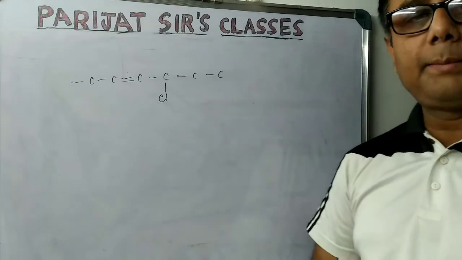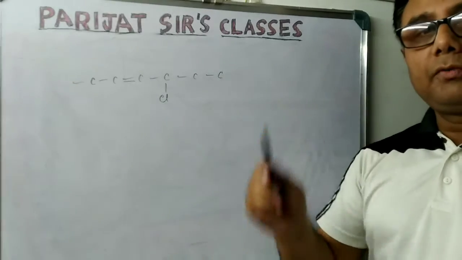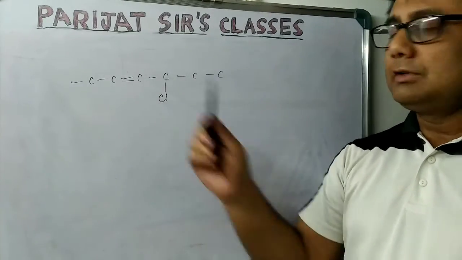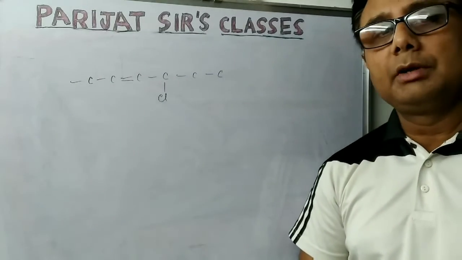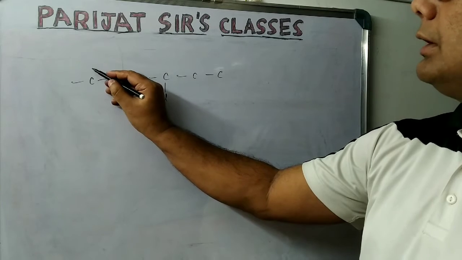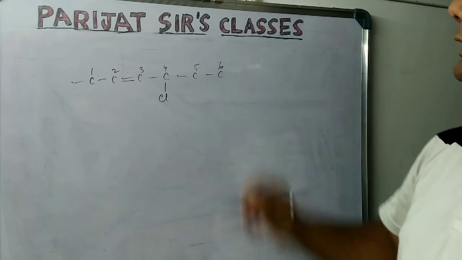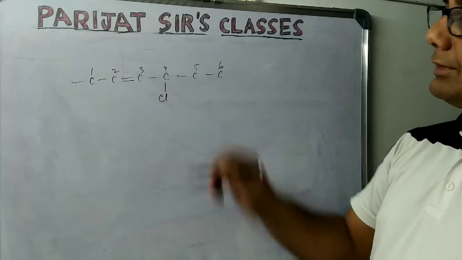This is the longest chain. And then the preference will be given to the double bond. First is triple bond, then double bond, then single bond. So here we have got single bond and double bond, so preference will be given to the double bond for the lowest position. So we have to number from here 1, 2, 3, 4, 5, 6. So the double bond is at 2 and chlorine is attached at 4.